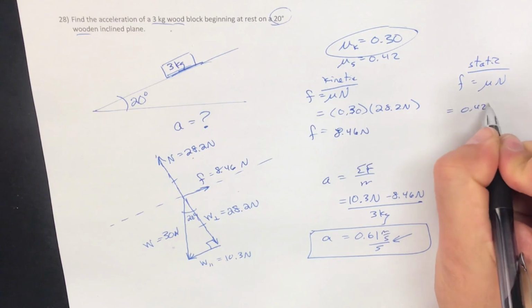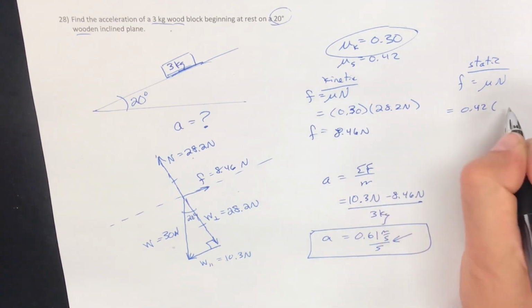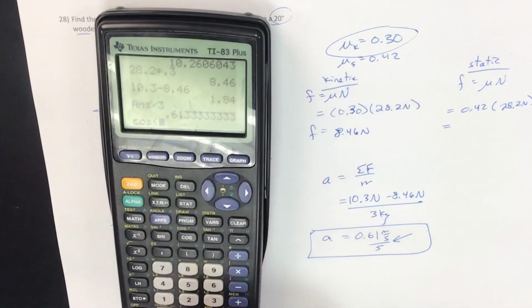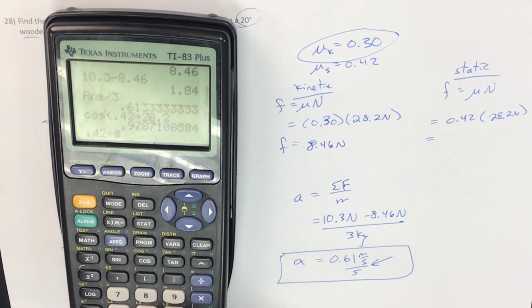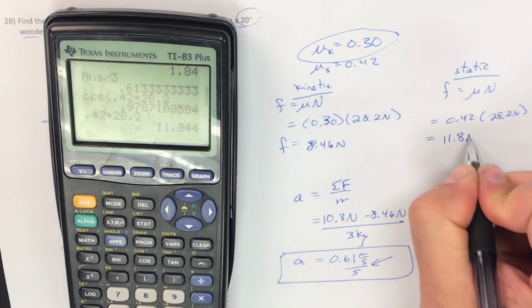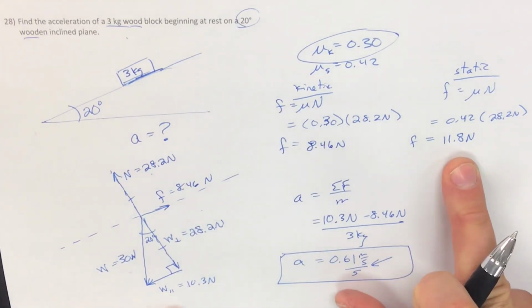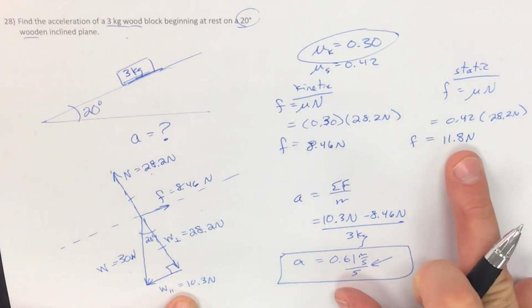So 0.42 times 28.2 newtons is 0.42 times 28.2 equals 11.8 newtons. It's the friction force. Wait a minute. If I have 11.8 and a 10.3, friction force is bigger. It will not break loose.